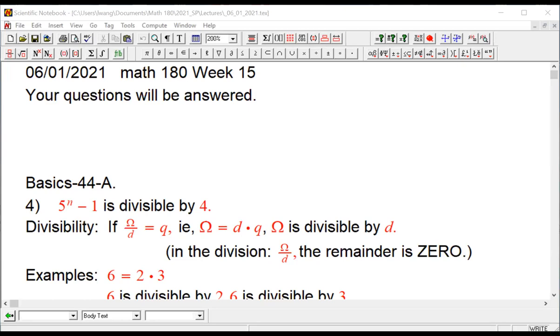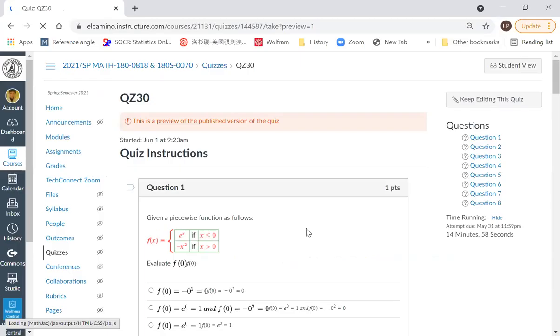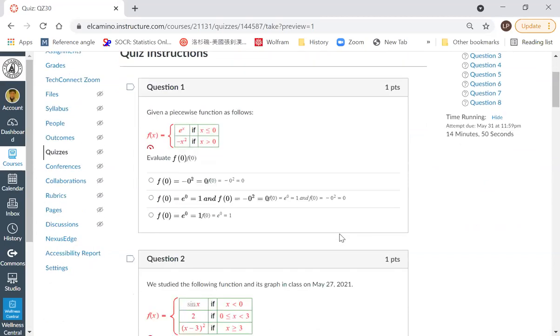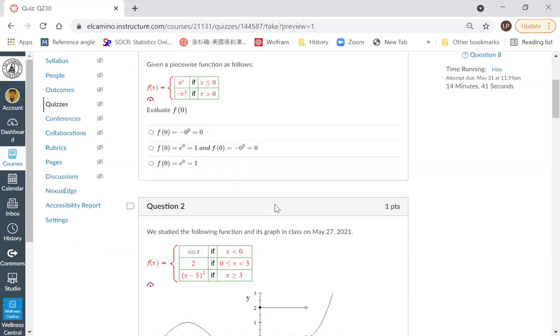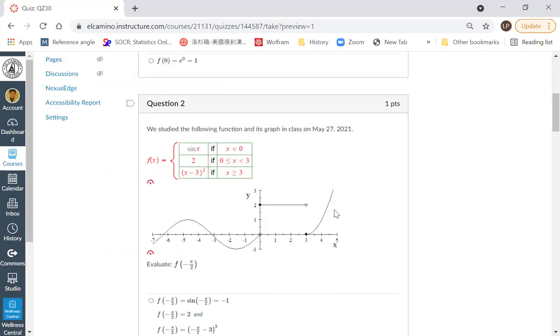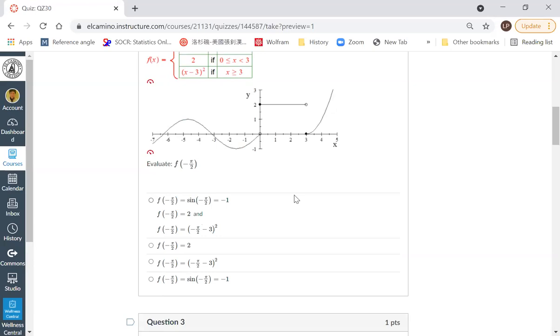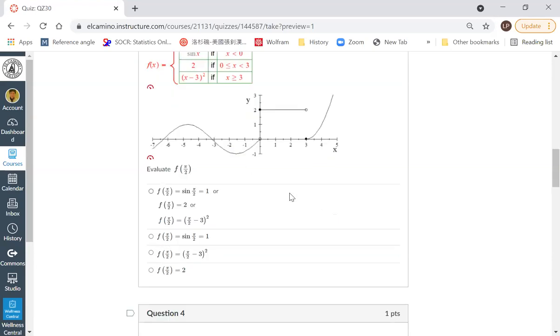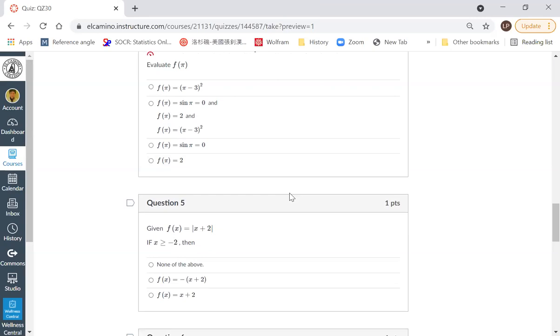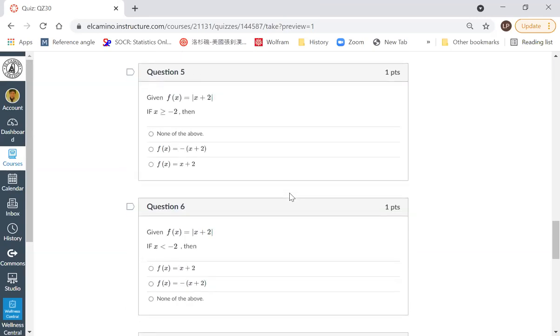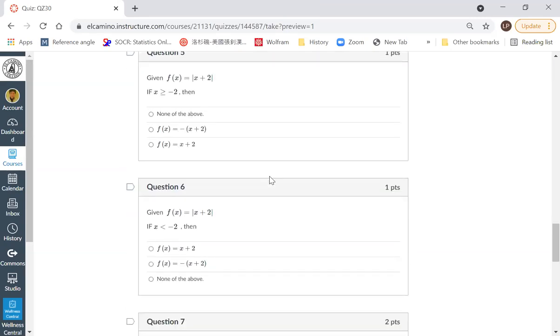So let me show you the screen here. I hope these answer question number 1, you're okay, right? Question number 2, you should be fine as well. We went over that in class. You just have to go over those with the flow. There's a couple questions about that same graph. Question number 5, I don't expect any questions.